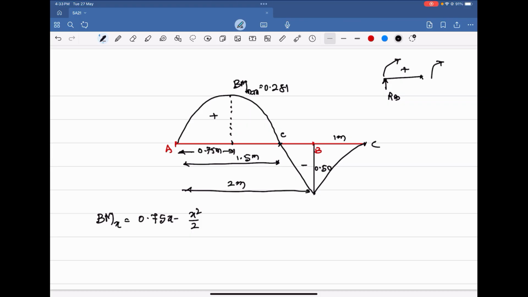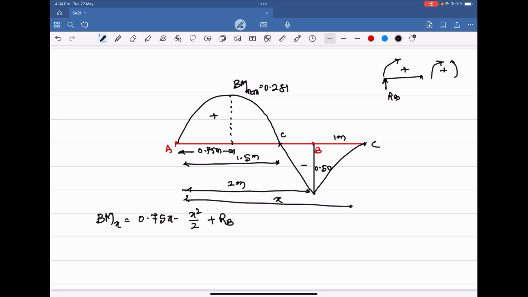This is positive. Plus RB into, what is this? When it is x, this distance is x minus 1, x minus 2.